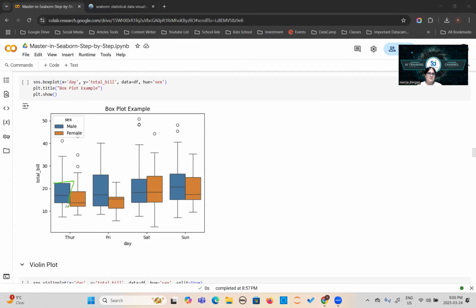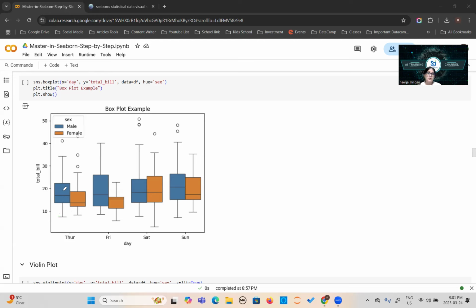So what is this? This is called a box plot. This line is known as the median, the middle value. Below this is the minimum value, and above is the highest value. If your median value is going towards the lower area, this means your data is skewed this way.